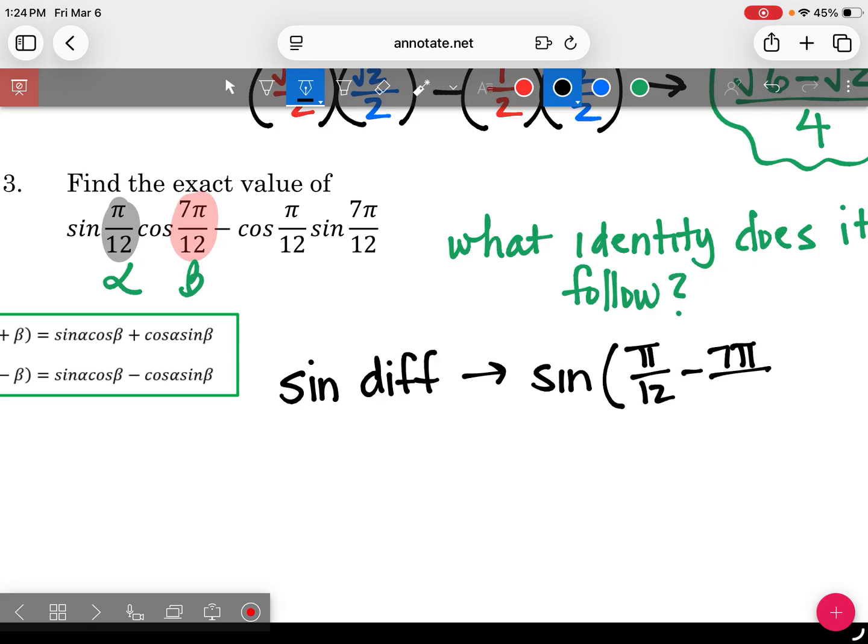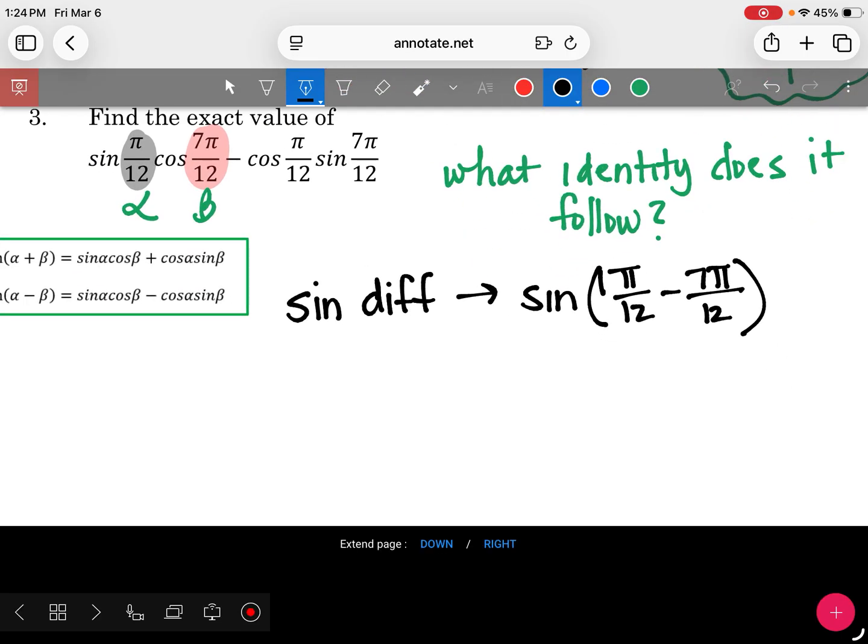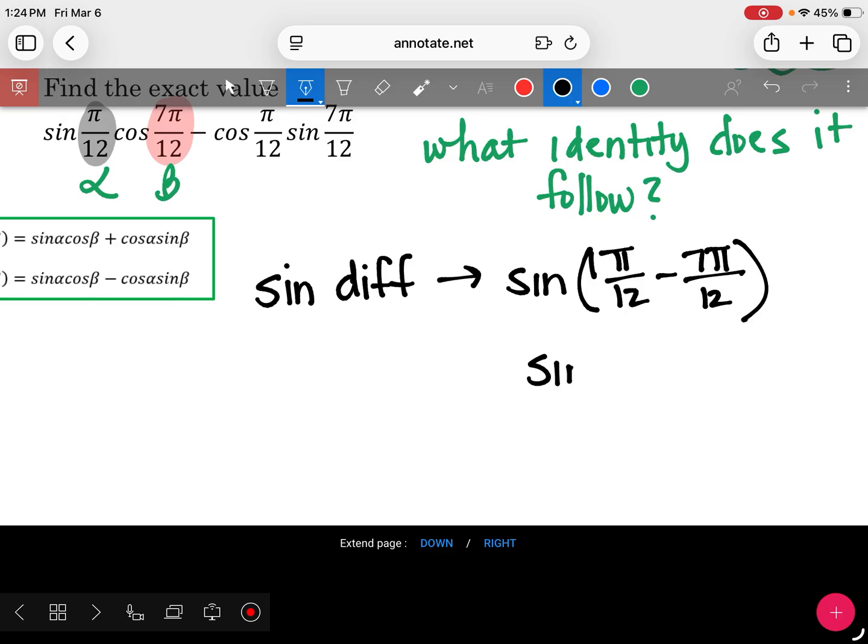So this is following the sine difference, which means that we are taking the sine of pi over 12 minus 7 pi over 12, which is going to give us a negative angle. So we already have our common denominator. What do you get when you subtract 1 minus 7? So that would be a negative 6 pi over 12.